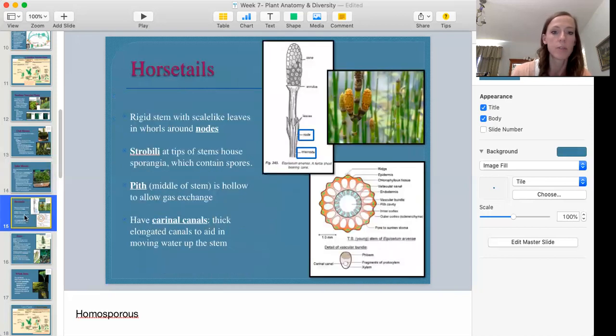All right, let's move on to horsetails. The next 3 slides, we're really just going to identify some morphology associated with each of these different examples from our vascular seedless plants. So horsetails, you're often seeing these growing in really wet environments near, say, a lake, growing around that area. So you've got these long stalks, which have strobili at the top.